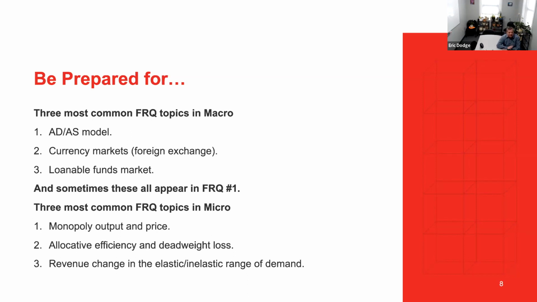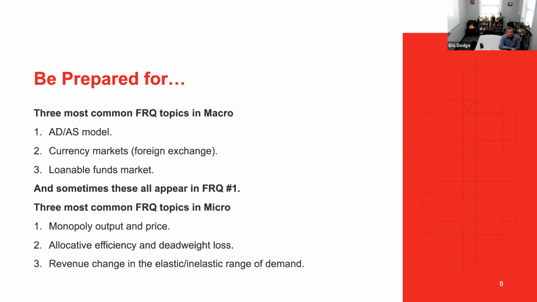You got to be prepared for that. Second most common is currency markets or the foreign exchange. And third is some connection to loanable funds. Sometimes these top three macro topics appear all in the long question number one.